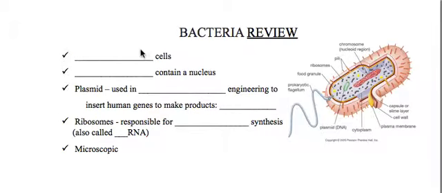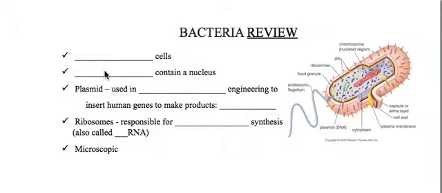This first check mark is the word prokaryotic cells. So prokaryotic is capital P-R-O-K-A-R-Y-O-T-I-C. Prokaryotic cells. The second check mark, do not contain a nucleus.